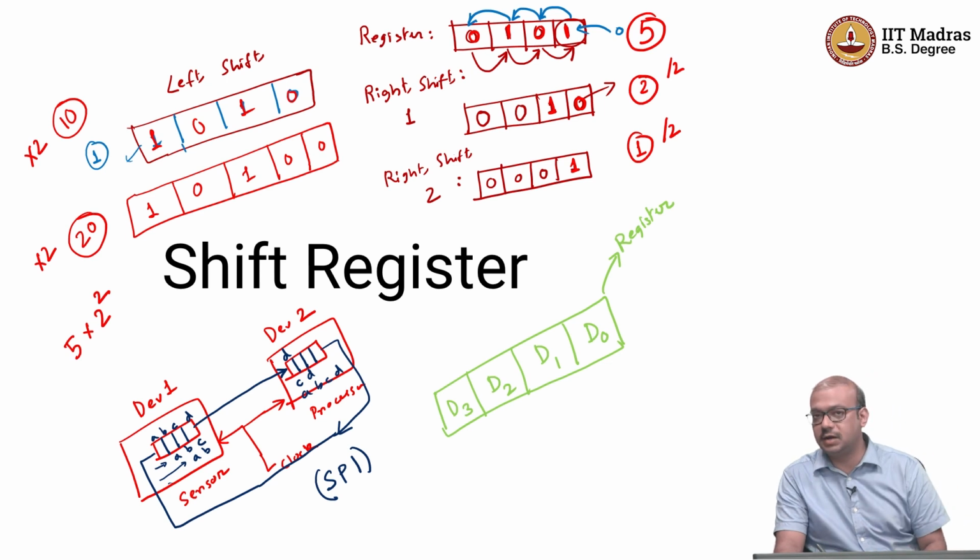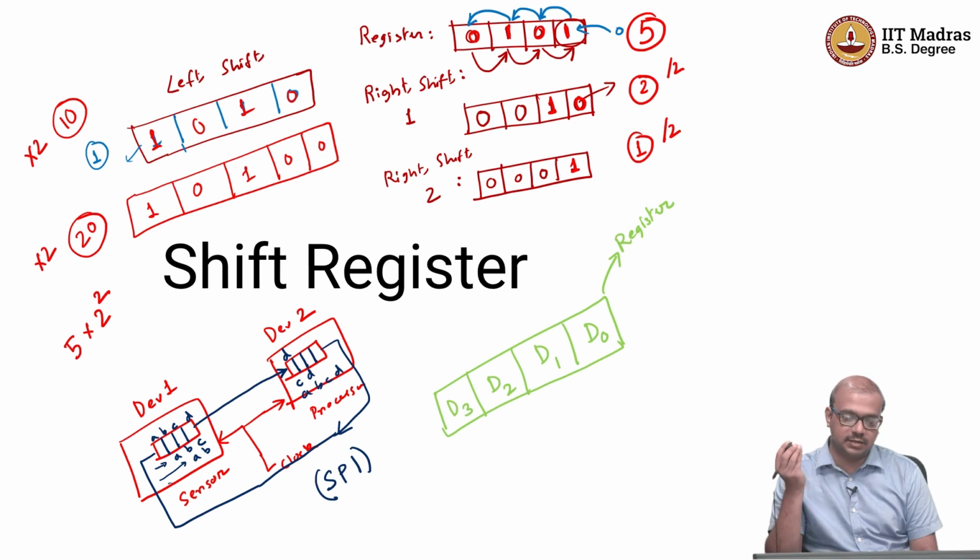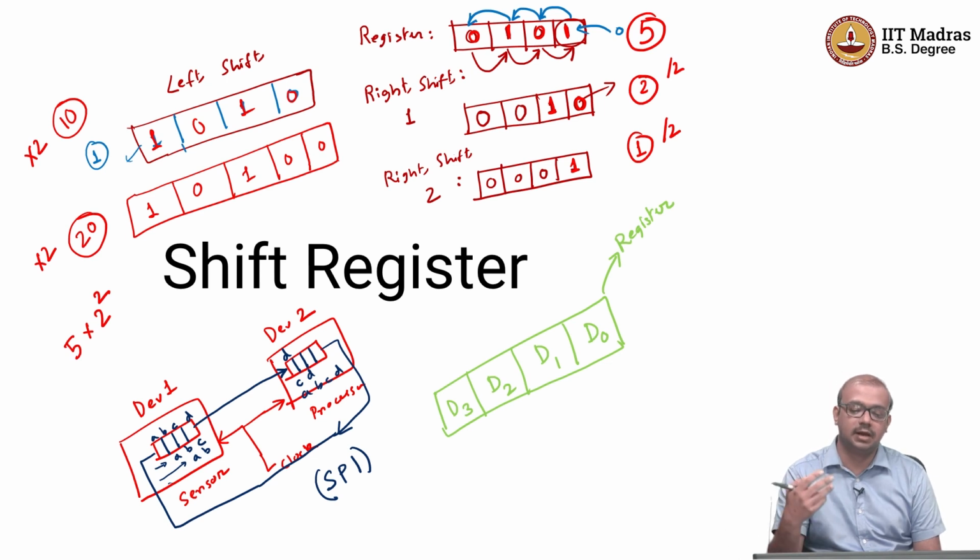They do use this kind of a concept, right? So the point is that the shift register has a lot of important applications. Rather than just saying that the bit is moving to the right hand side or left hand side, you should also understand where exactly this kind of thing might find great applications. That was the reason I touched upon these 2 use cases, right?